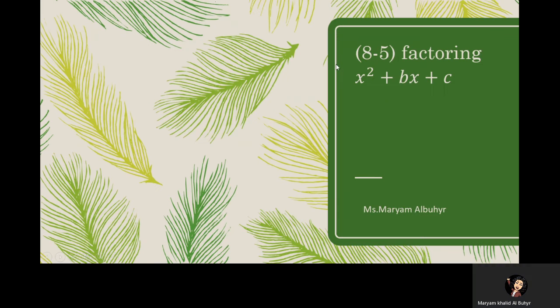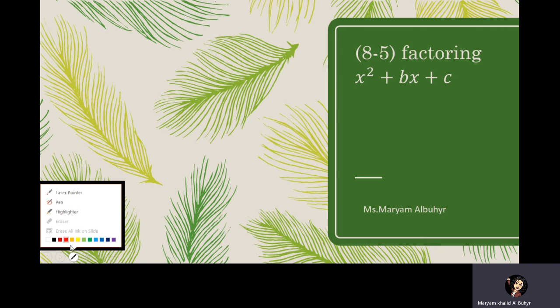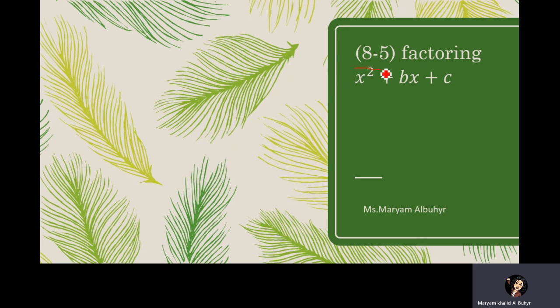Today we are going to talk about factoring this form, the polynomial of this form, which we call a trinomial. We call it a trinomial because we have three terms, and because the greatest power is 2, we also call this one a quadratic polynomial.